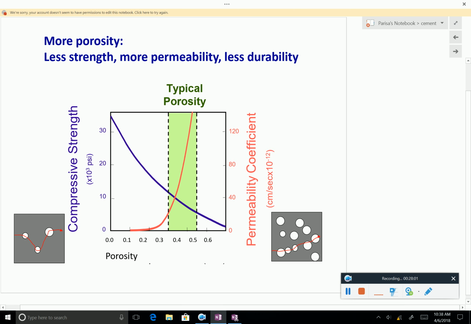And just to give you a sense, if you have more porosity, look how permeability, the red curve, is increasing, and how the strength is decreasing. This is something you need to know by heart. You need to know that when porosity is increasing, you lose strength, and permeability, especially after a certain level, is increasing a lot.